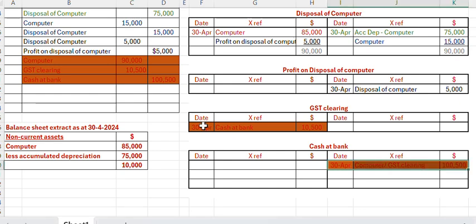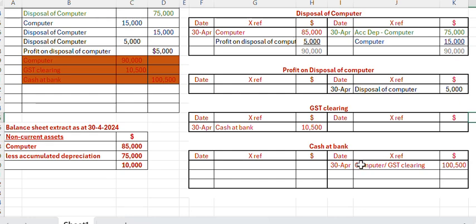So in terms of the GST effect of that, the GST is 10% of the full 105K purchase, so that's going to trigger a debit. And if we add up those two amounts in terms of our bank, $90,000 for the computer, 10.5 for the GST, gives us $100,500 coming out of our bank.